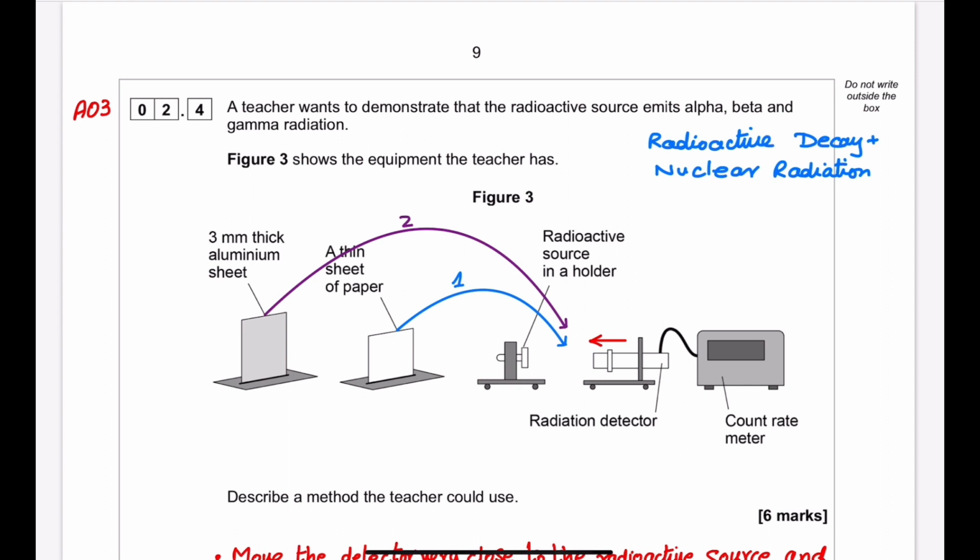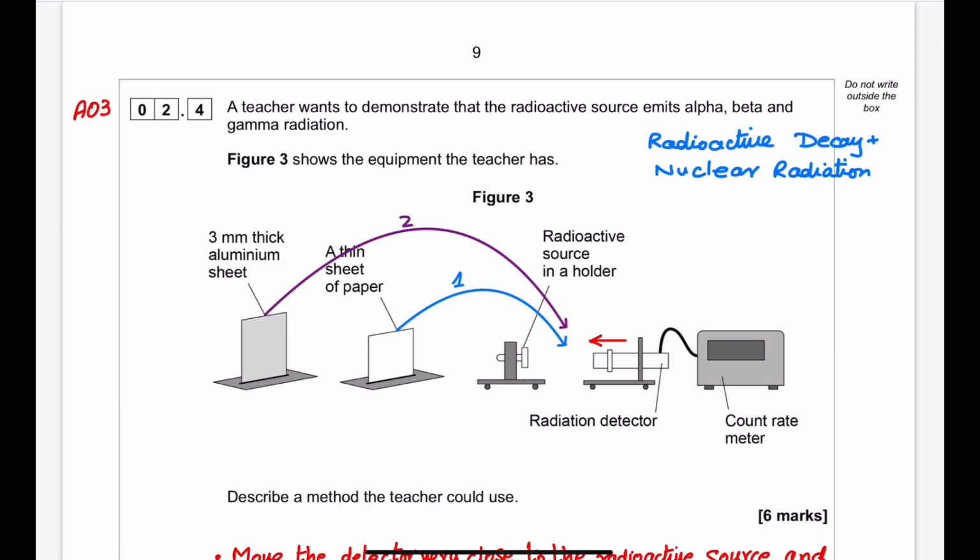Then the teacher is going to put a thin sheet of paper between the detector and the source, find the count rate on the meter, and compare the value with the initial value. Then the teacher will put the thin aluminum sheet between the source and the radiation detector, find the count rate on the meter, and compare it with the initial value.